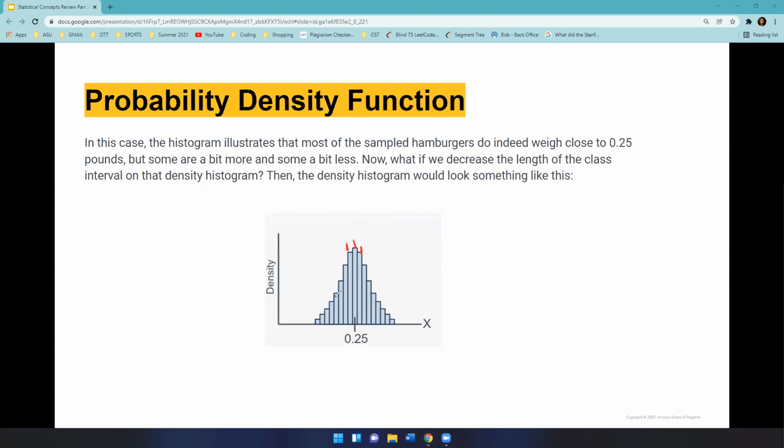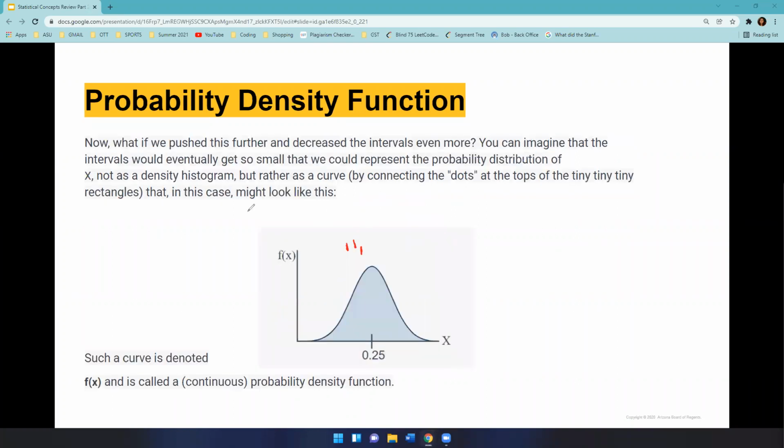As we increase the density, or decrease the interval, we'll see that the rectangles become so small that we can easily plot a graph out of it.